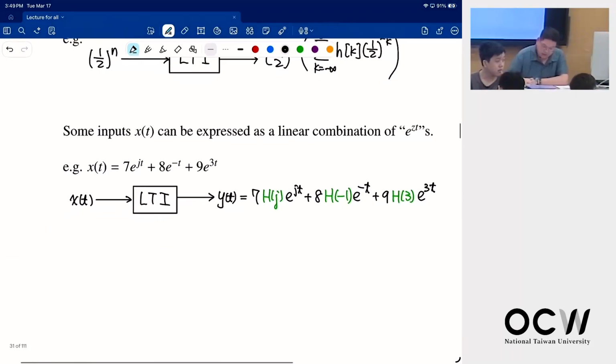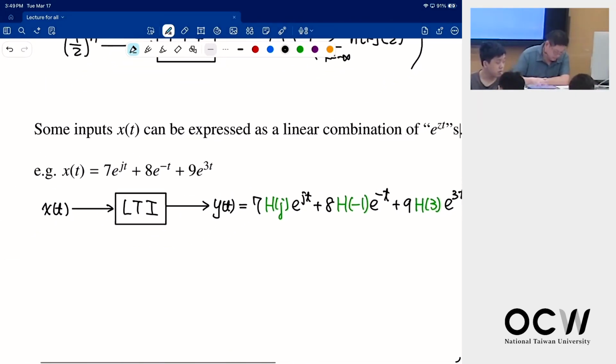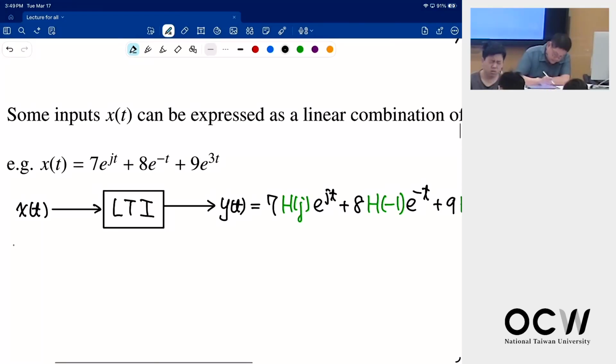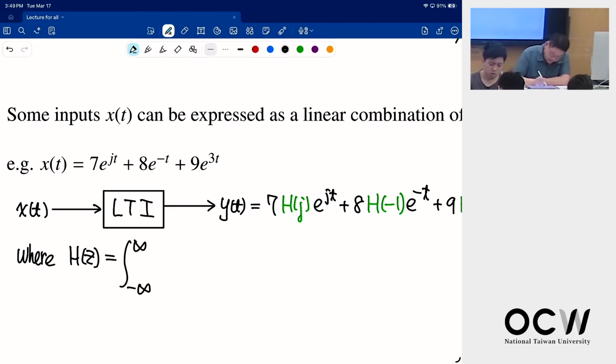And what is H? For H, it is the system's response.